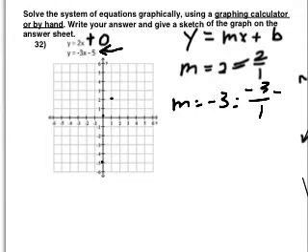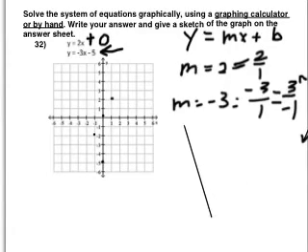So instead we'll do its equivalent, which is 3 over -1. Same thing, 3 over -1. So now we can go from here up 3, 1, 2, 3, and back 1. There's our spot. Okay, so now we can put the two lines in and we'll see where they cross.